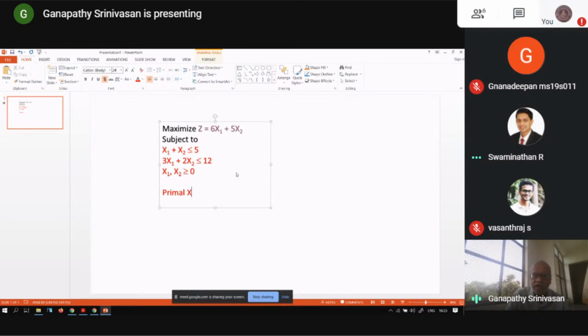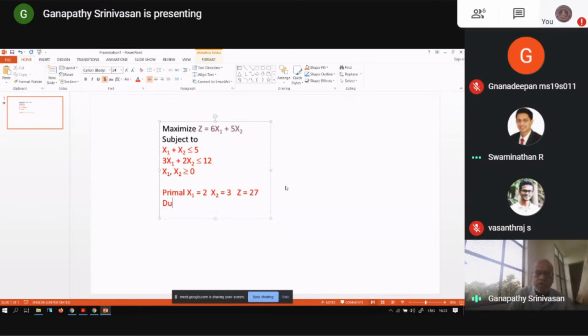So x1 equal to 2, x2 equal to 3, with z equal to 27. So you get 6 into 2, 12, plus 5 into 3, 15, gives you 27.